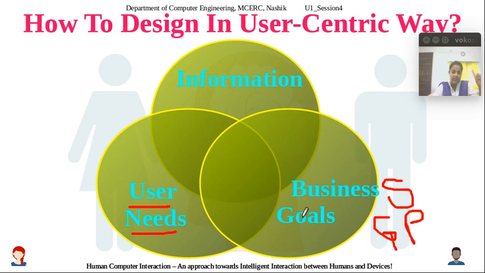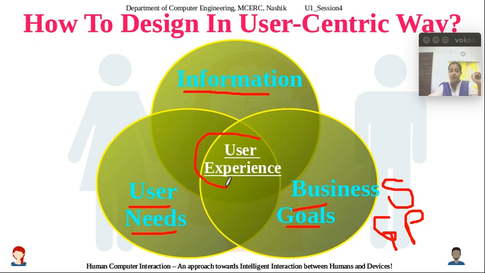So I have to set that I want my product to be successful in both aspects, in customer satisfaction and also in proper gain and profit. Correct or not? And if all these things go hand in hand, like prerequisite information, users' requirements and your business goals, then it leads to what is actually important, that is the user experience. Okay, for example, I will take the same example again.